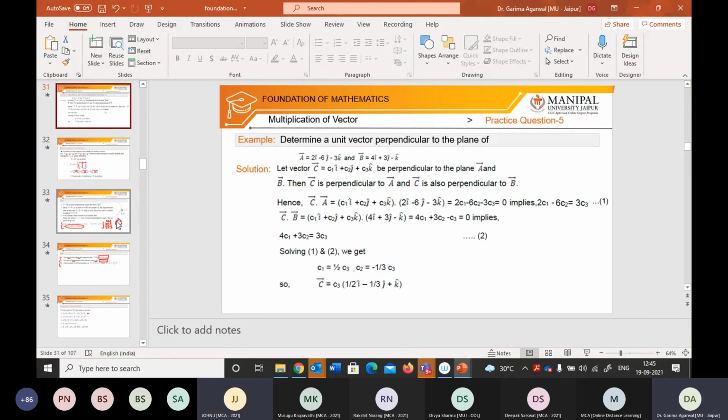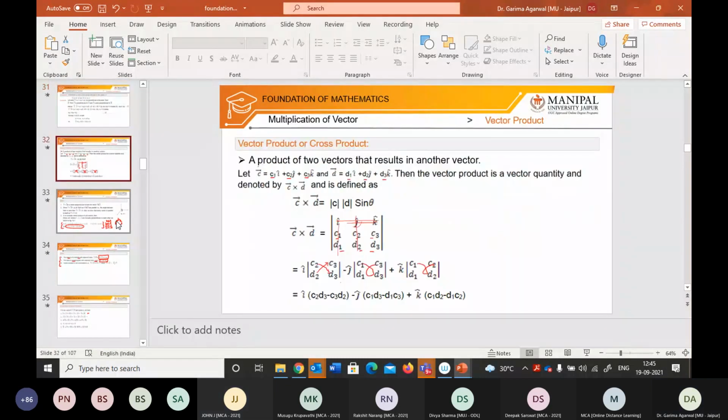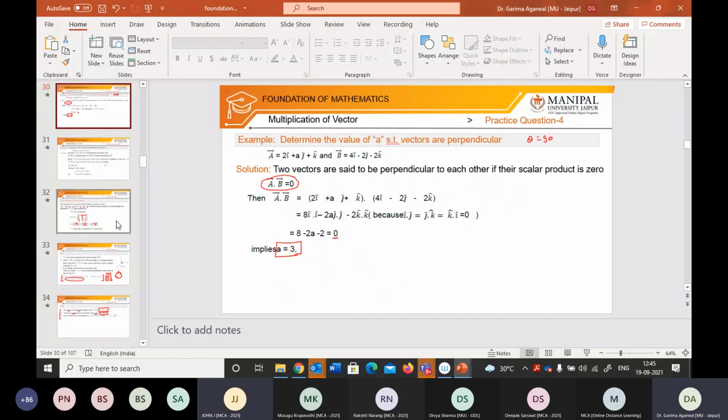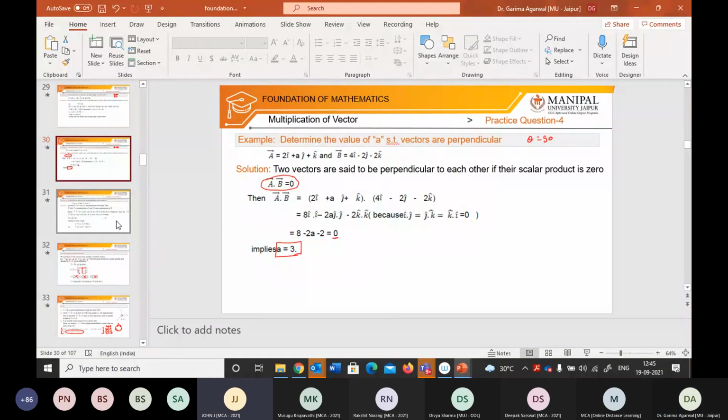Vector product? Yeah, this one, number 30. Determine the value of a such that the vectors are perpendicular. This one? Yeah, right, the perpendicular one. So perpendicular means, what is the meaning of perpendicular?